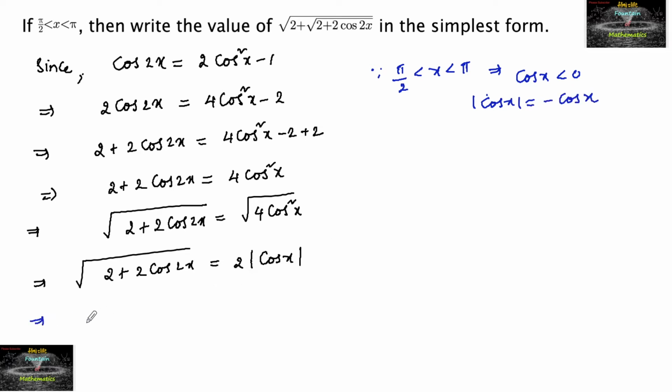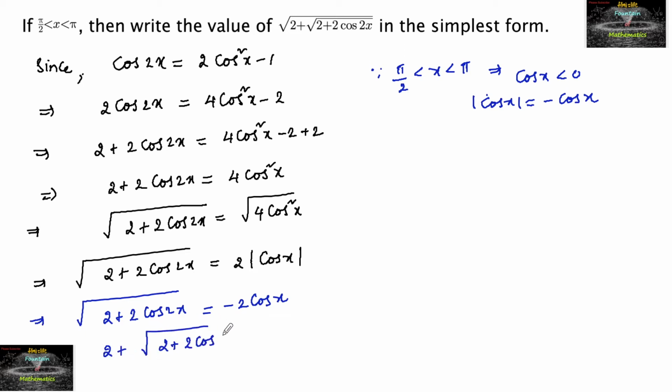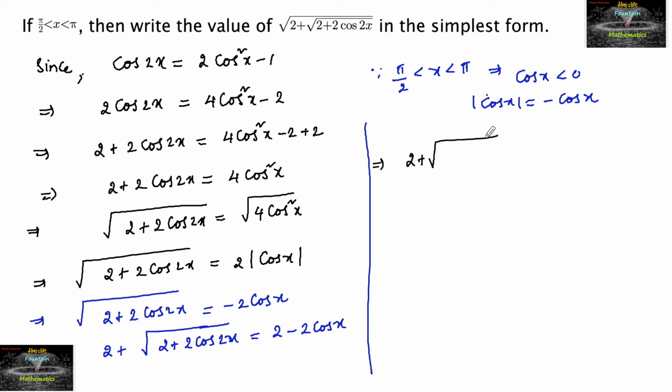So we can write here, which implies root over 2 plus 2 cos 2x is equal to minus 2 cos x, and again adding 2 on both the sides. So 2 plus root over 2 plus 2 cos 2x is equal to 2 minus 2 cos x, which implies 2 plus root over 2 plus 2 cos 2x equals, if I take 2 common, 2 times 1 minus cos x.